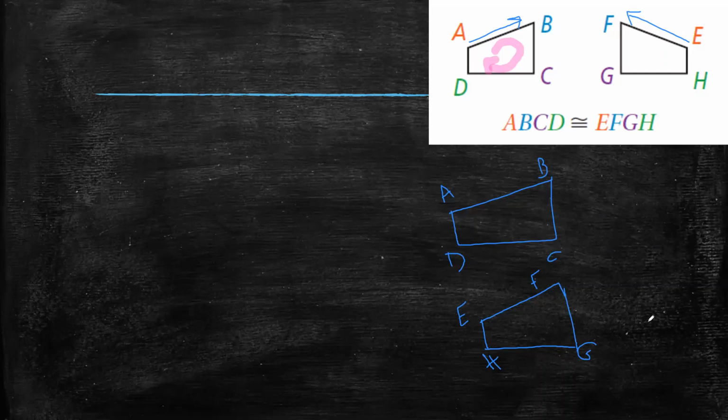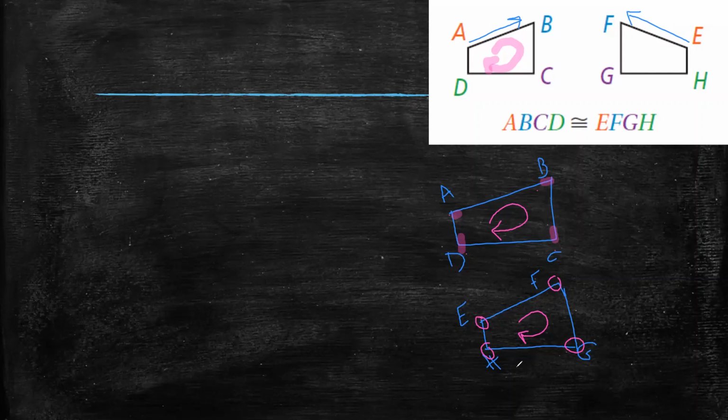If I start now A, B, C, D, look here, how will I move? I will move in this direction. We will say it's clockwise. Since I was moving in the first shape clockwise, I must move in the second shape the same way, clockwise, not counterclockwise. And since it says A, B, C, D, the second one will be E, F, G, and H.